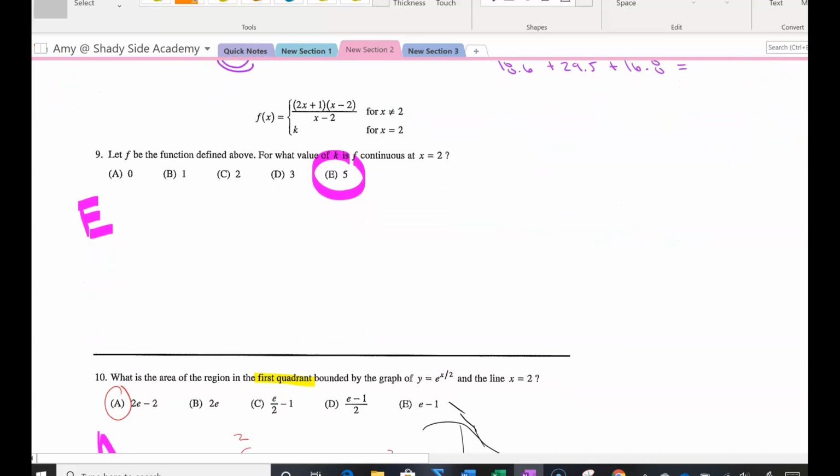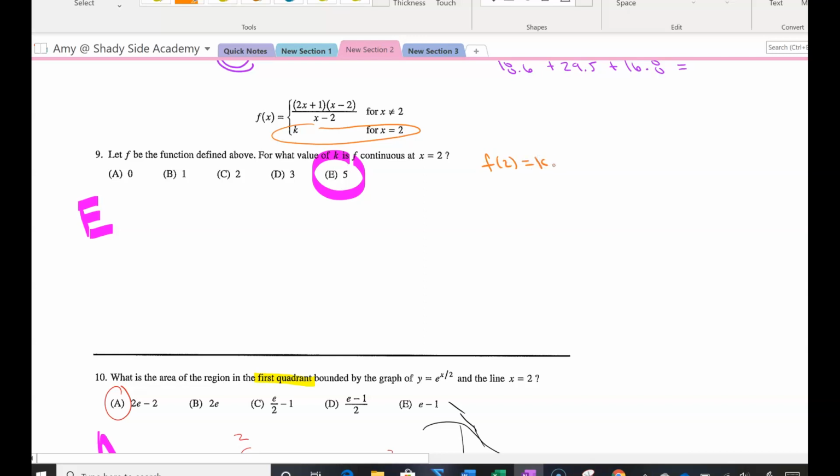Number 9, definition of continuity. We're going to start going into formal review for continuity and differentiability, but continuity means that the function has to exist at 2, and it does. The function exists at 2 because f of 2 does in fact equal k.